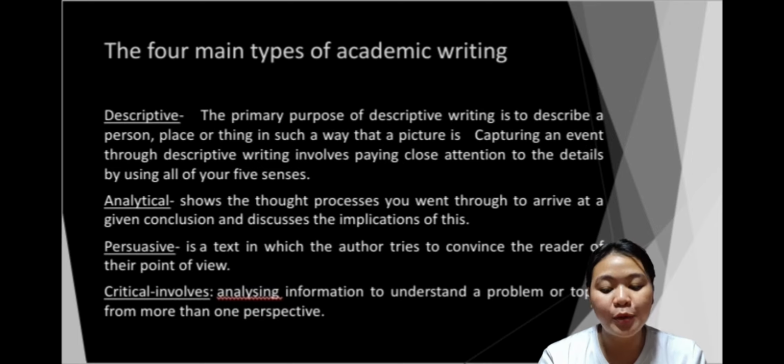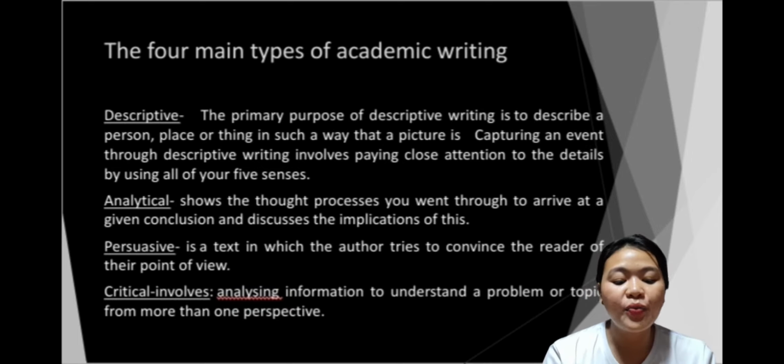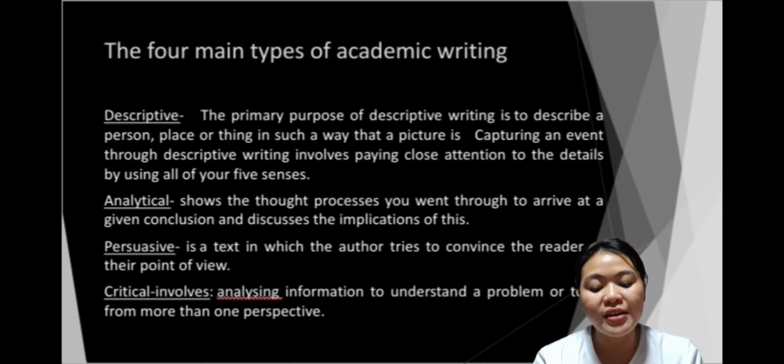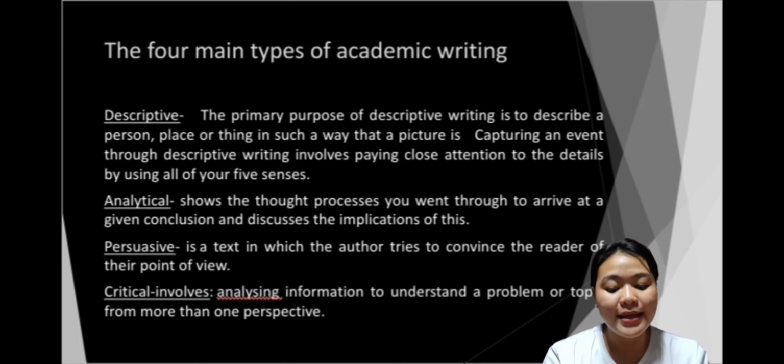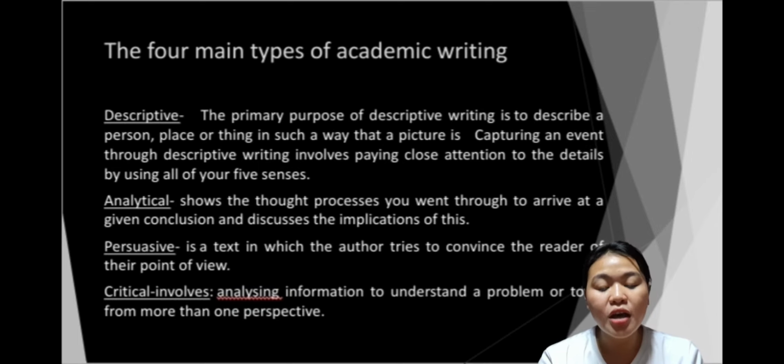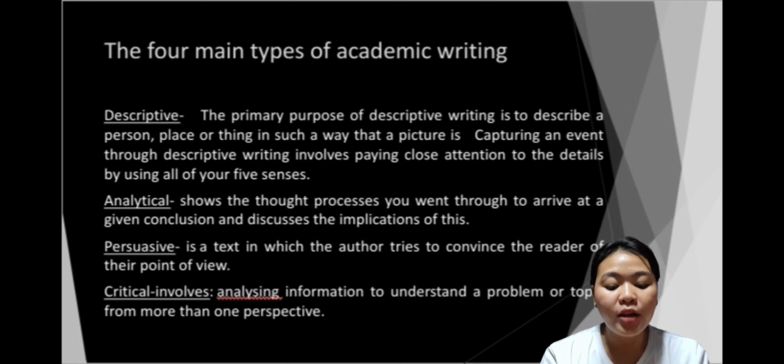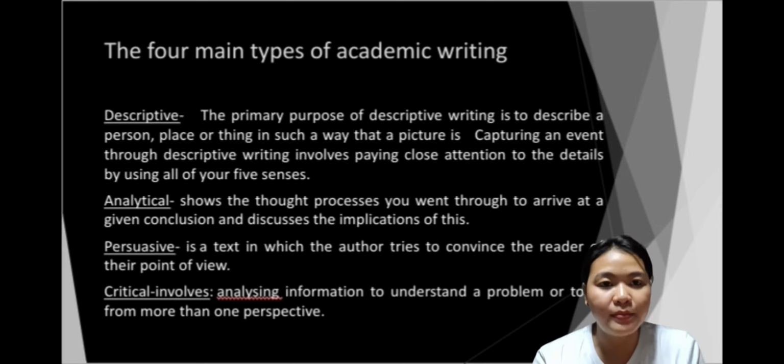Next is persuasive, a text in which the author tries to convince the reader of their point of view. Lastly, critical involves analyzing information to understand a problem or topic from more than one perspective.